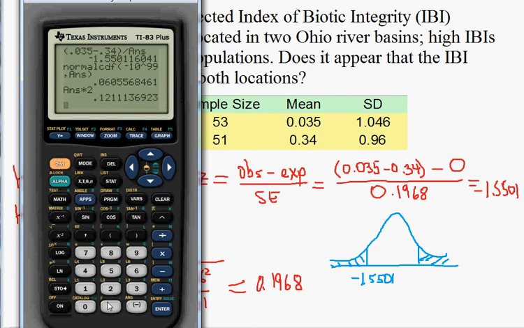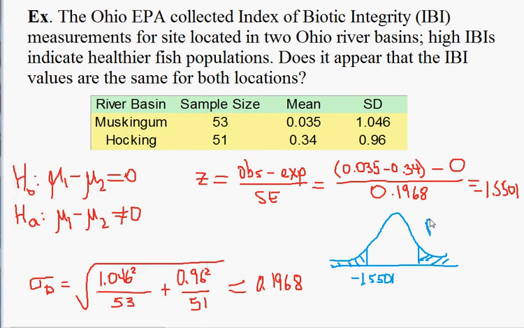So the p-value that I get is 0.1211. Okay, so that is the p-value. That is bigger than my default value of alpha, which is 5%. And so my decision would be to retain the null hypothesis.